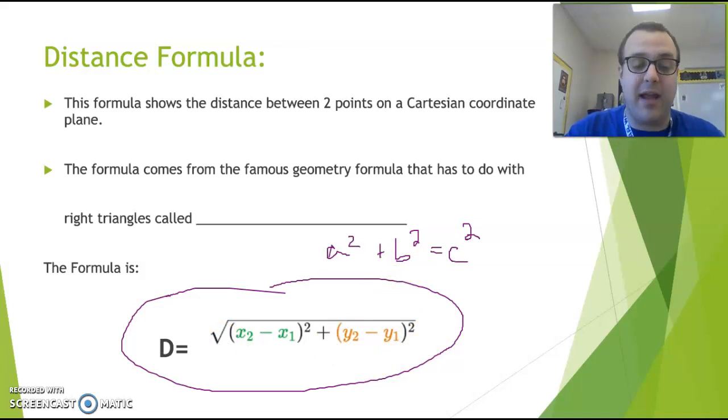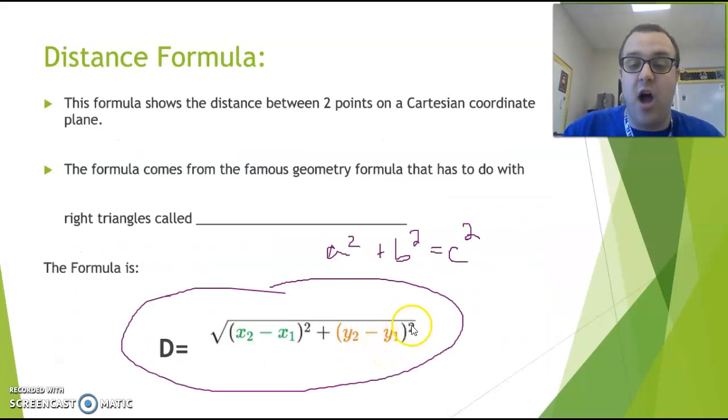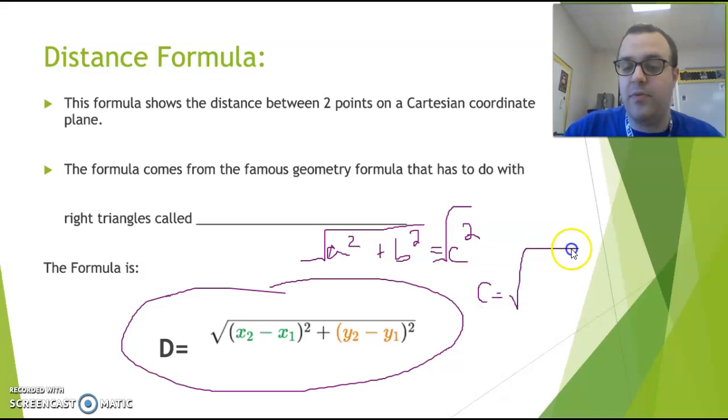So if we go back and look at my example, the distance from here to here would be your b, and the distance from here to here would be your a, or in this case, 3 and 4. I can simplify this by square rooting both sides and say that distance, which is my hypotenuse c, is the square root of a squared plus b squared, which is basically what this formula is telling us. The a and the b are how far apart your x coordinates are and how far apart your y coordinates are.